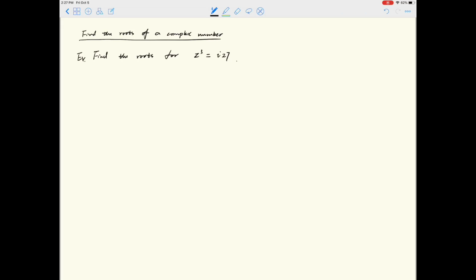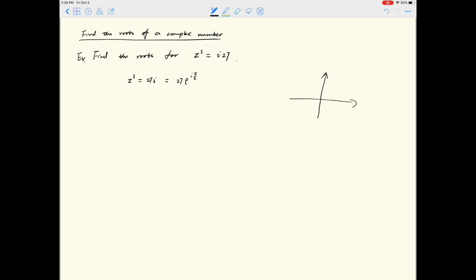So for this kind of problem, the first step is to write the right hand side in the Euler form. So z cubed equals 27i, which can also be written as 27 e to the i of half pi. Right? So I'm just double checking.